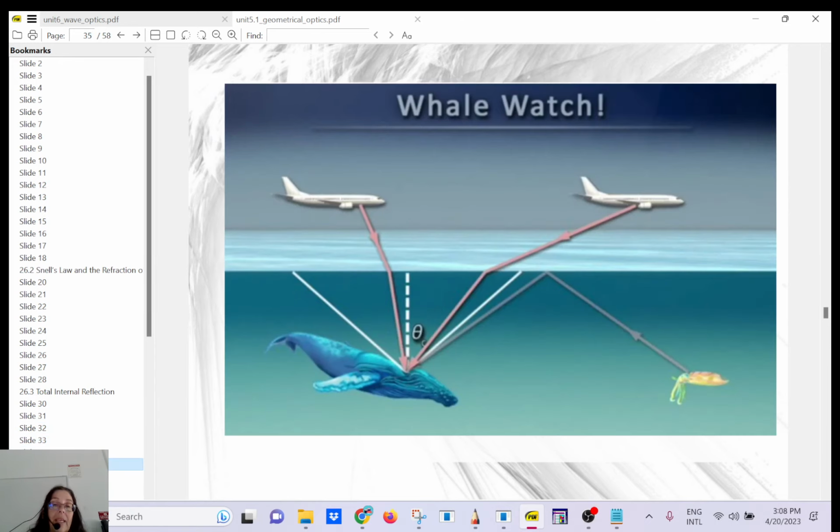Now, can the airplane see the squid? No, because the light from the squid cannot escape. But they will be able to see the whale, because the light wave coming from there is reflected, so you can see the whale.